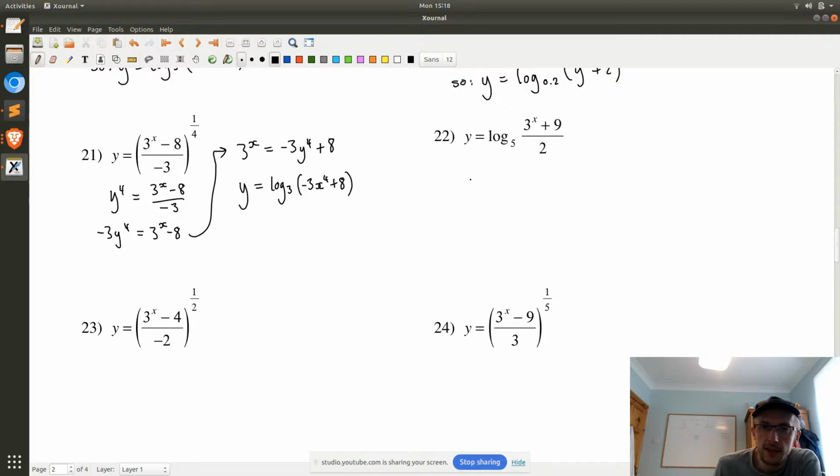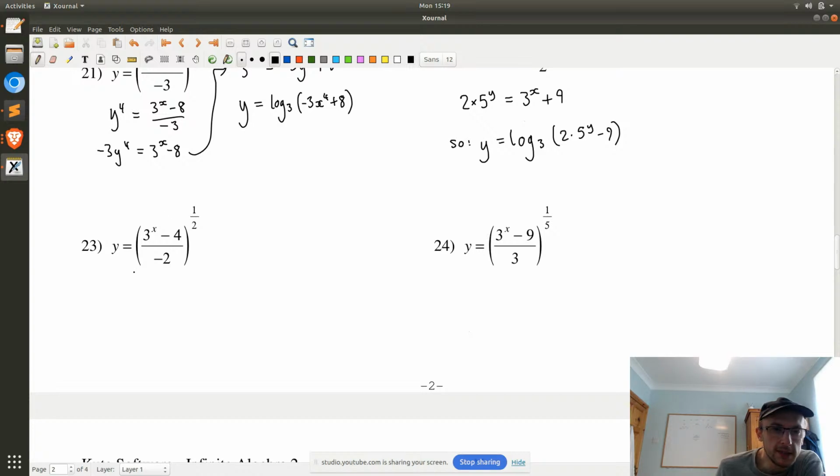Five to the both sides and times both sides by 2, all in one step. 2 times 5 to the y equals 3 to the x, add 9. Take 9 from both sides and log base 3 of both sides. There.